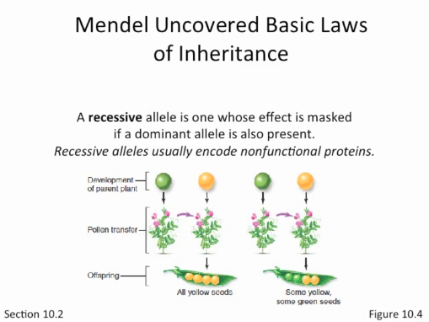So think of it this way. Let's say you've got a flower, and you've got a flower that either has a white color or a red color. Let's say this flower has 2 copies of the red gene.